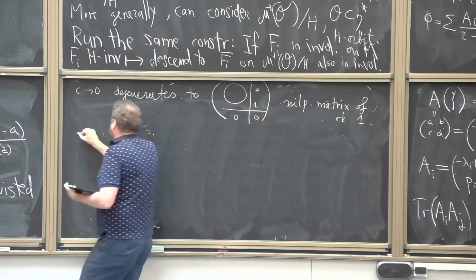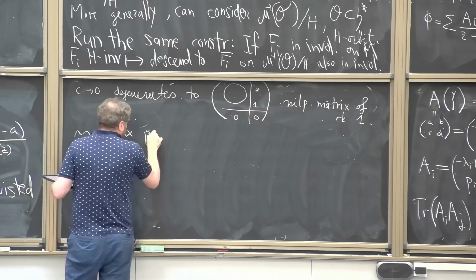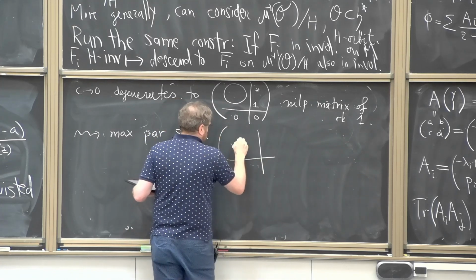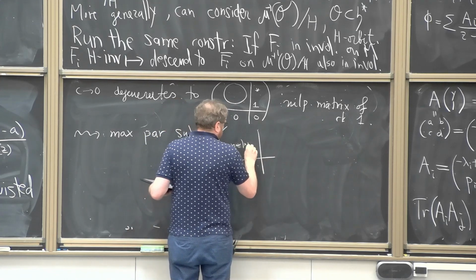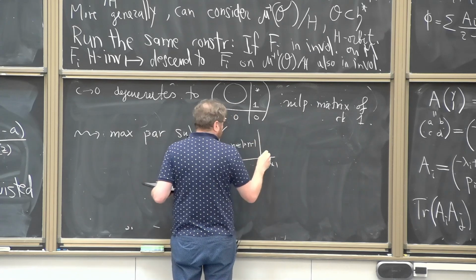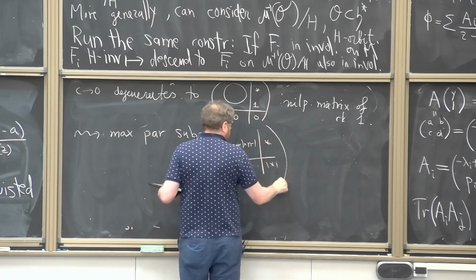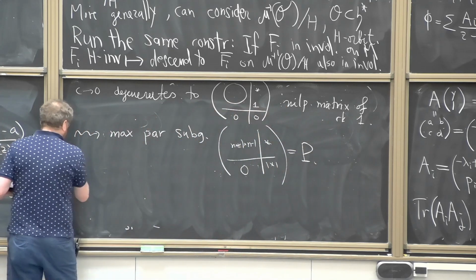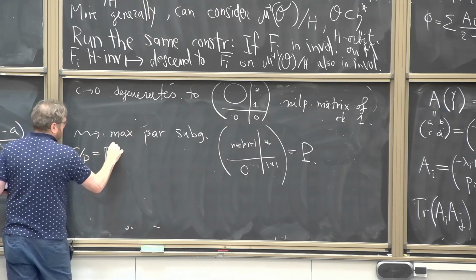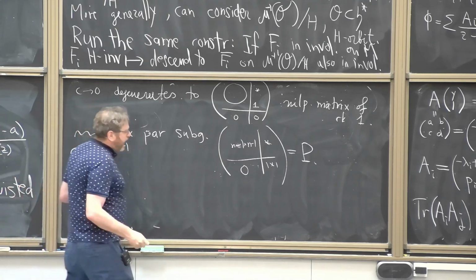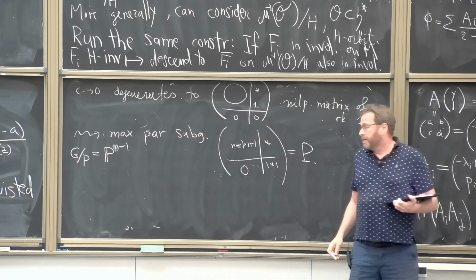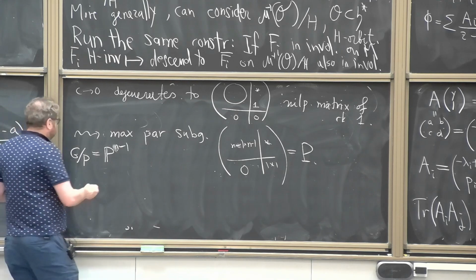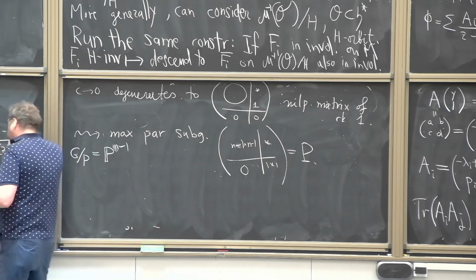And this corresponds to the maximal parabolic subgroup, which has blocks n minus 1 by n minus 1 and 1 by 1. So that's P. So this means the flag variety for this case is just projective space, P^(n-1), because the flag is just a line, fixing a line inside, or if you like, a hyperplane. So it's a projective space. Let's think about it as a set of lines.